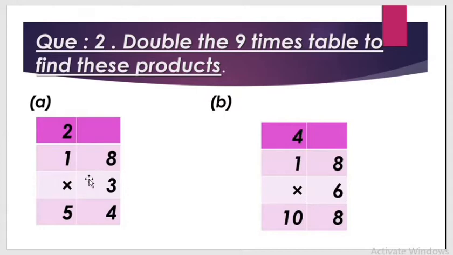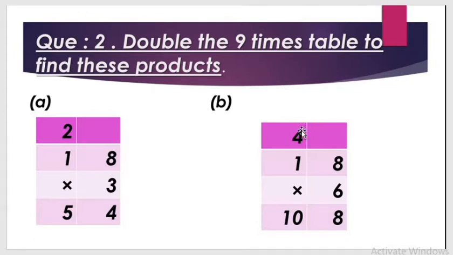How can we write 24? 4 here and 2 as a carry. Then 3 ones are 3, plus 2, is 5. So the answer is 54. 18 threes are 54. Got my point, all students?